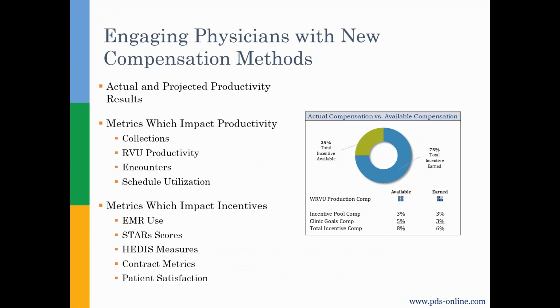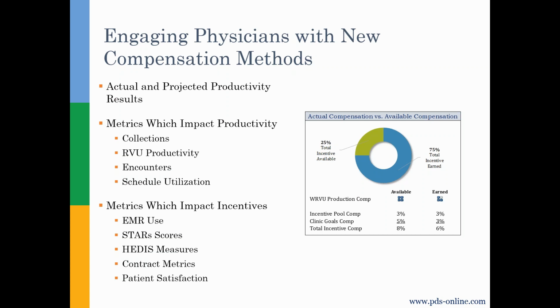When I think about engaging physicians in comp plan changes, I need to be able to show them at least a handful of items, and that's always actual and projected productivity results, whether it's based on RVUs or some type of non-production metric. I need to be able to show them all of the metrics that we're actually using and explain those to them.